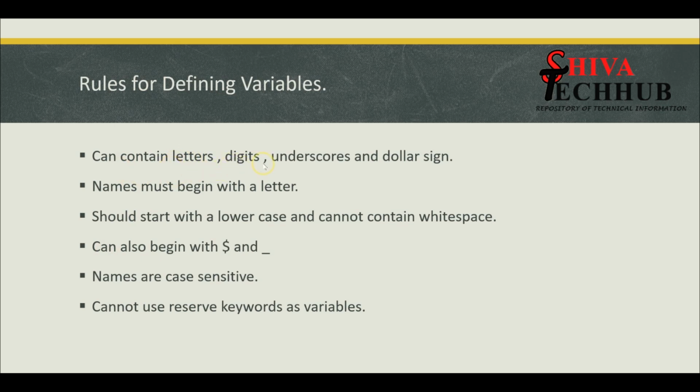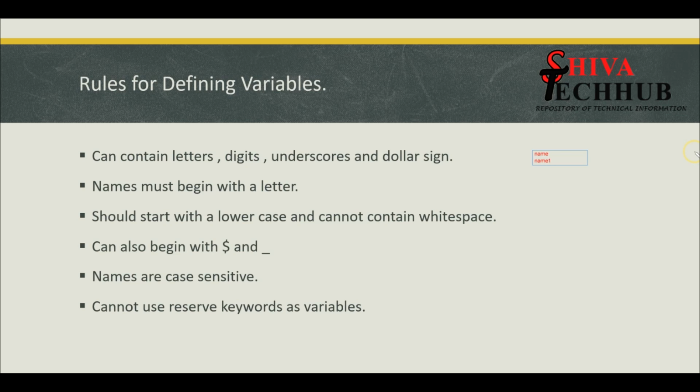It can contain digits like 0 to 9. It can contain underscore and it can contain dollar sign. Let me write some examples of proper variable naming conventions. For example, name. So this is using letters. Name01, or you can also write it as name1.